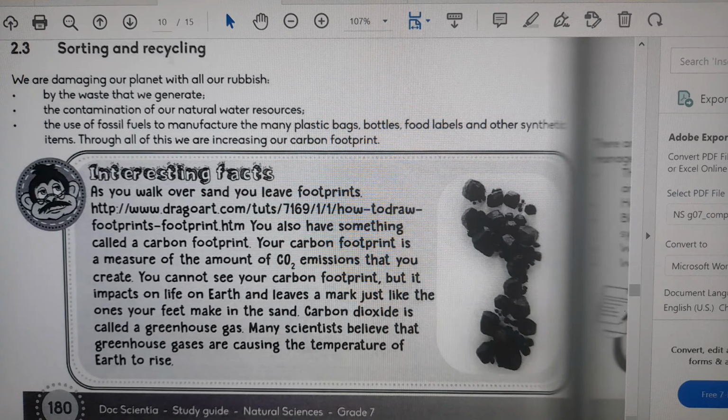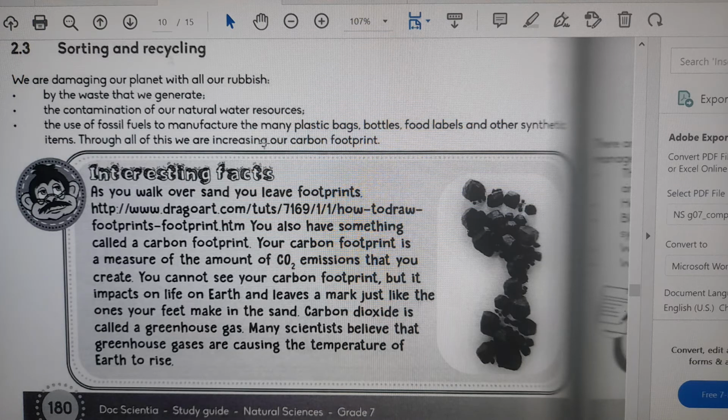Before you start with the activity, let's look at 2.3, sorting and recycling. We are damaging our planet with all our rubbish. By the waste that we generate, the contamination of our natural water resources, the use of fossil fuels to manufacture the many plastic bags, bottles, food labels, and other synthetic items.